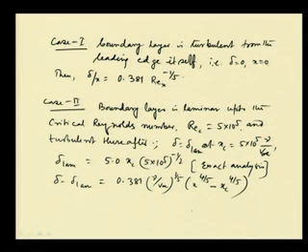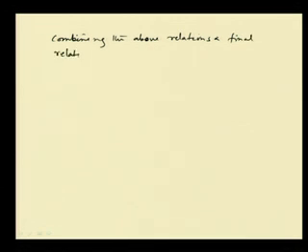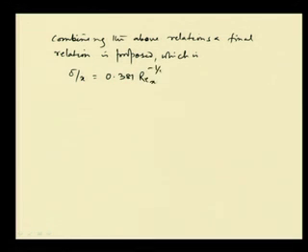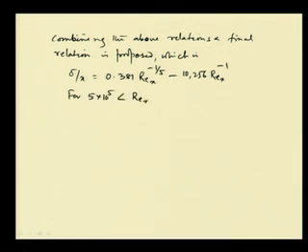Okay. Now, combining these two above relations, a final relation is proposed for Reynolds number, which is delta by x equals 0.381 Rex to the power minus 1 by 5 minus 10,256 Rex to the power minus 1, for 5 into 10 to the power 5 less than Rex less than 10 to the power 7.